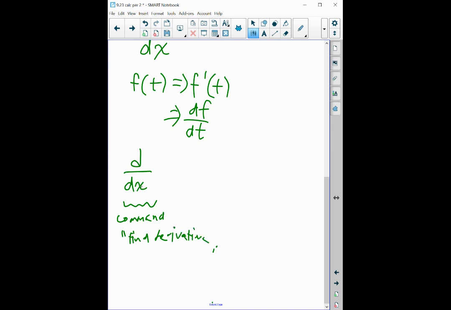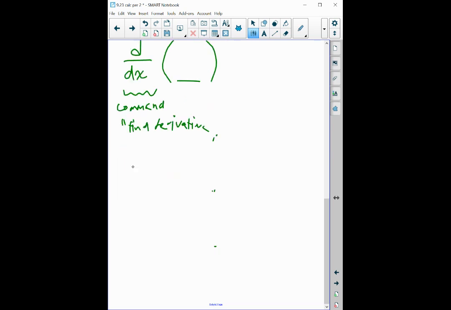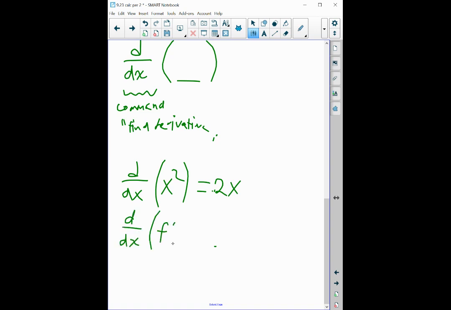If you are using the command form, you always have to have something that comes after it. So I could say d dx of x squared. That's saying find the derivative with respect to x of x squared, which would just be 2x because we've already done it. I could also say d dx of the function's name, like f of x.